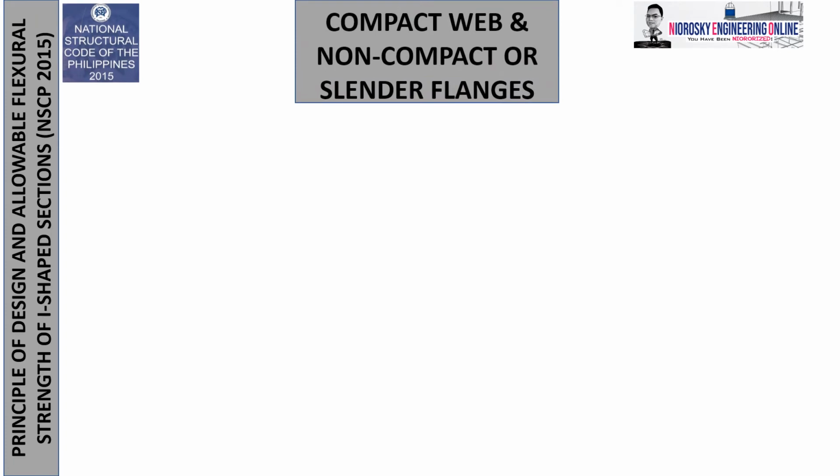Pero what if naman kung section natin ay compact ang web, pero non-compact or slender yung flange? Focus natin yung main problem ng beam natin. Ibig sabihin, this is already a non-compact section, pero non-compact lang siya pagdating sa flange.